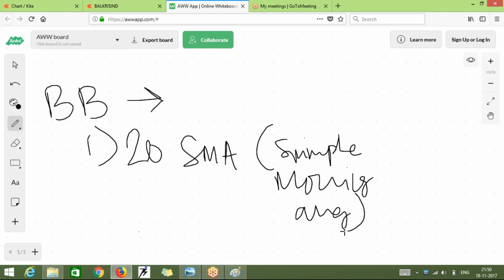It's suggested as best for checking volatility, because volatility is normally best measured in a lesser time frame. You cannot take a time frame of 100 days and check your volatility. There would be large changes in the price. So the first one is 20 SMA, that is simple moving average, that is the middle band.